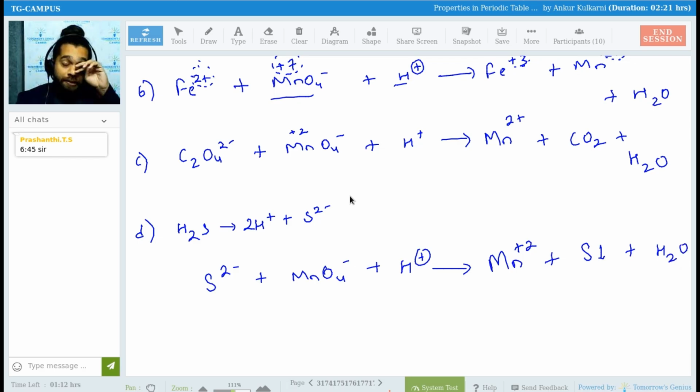Come on, write down the reaction. If I treat KMnO₄, that is your potassium permanganate, with H2S, it will get converted into Mn plus 2 and sulfur precipitate. Come on, write it down, everyone.